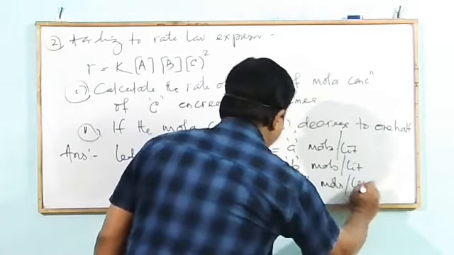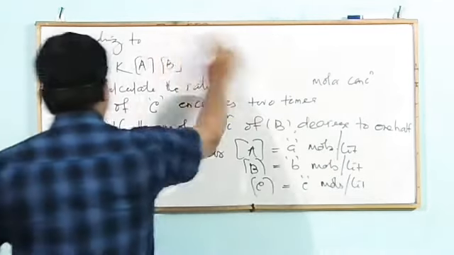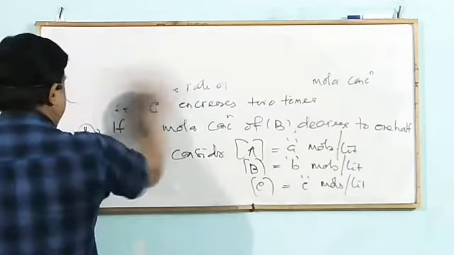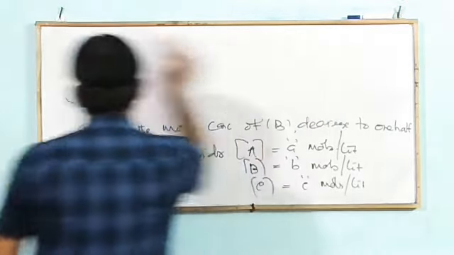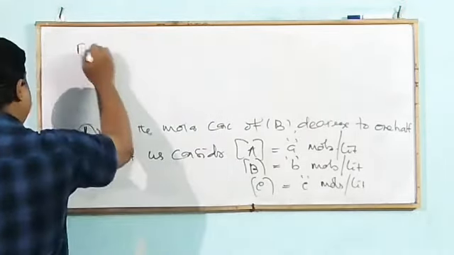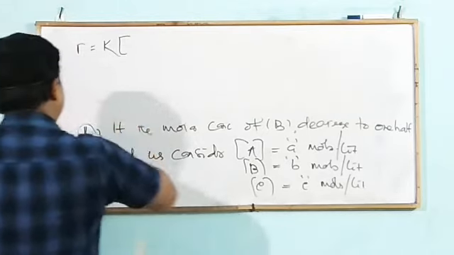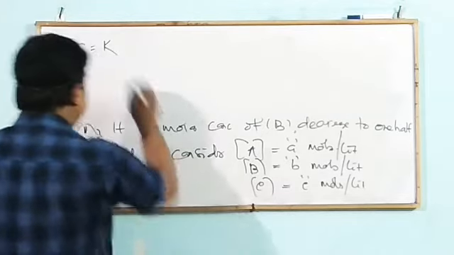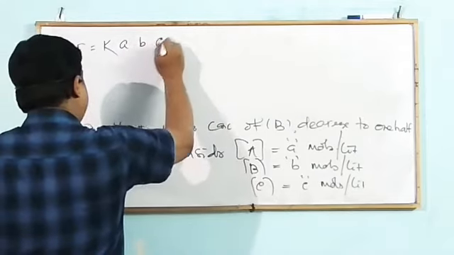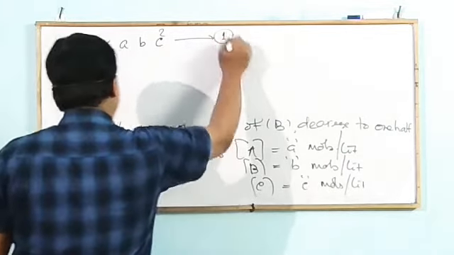Then the rate expression is R is equal to K, A, B, C square, equation 1.